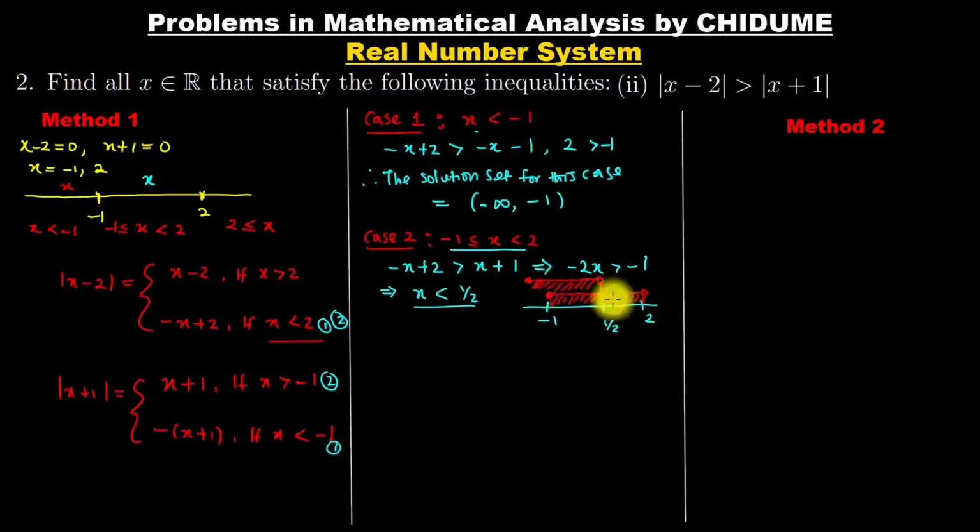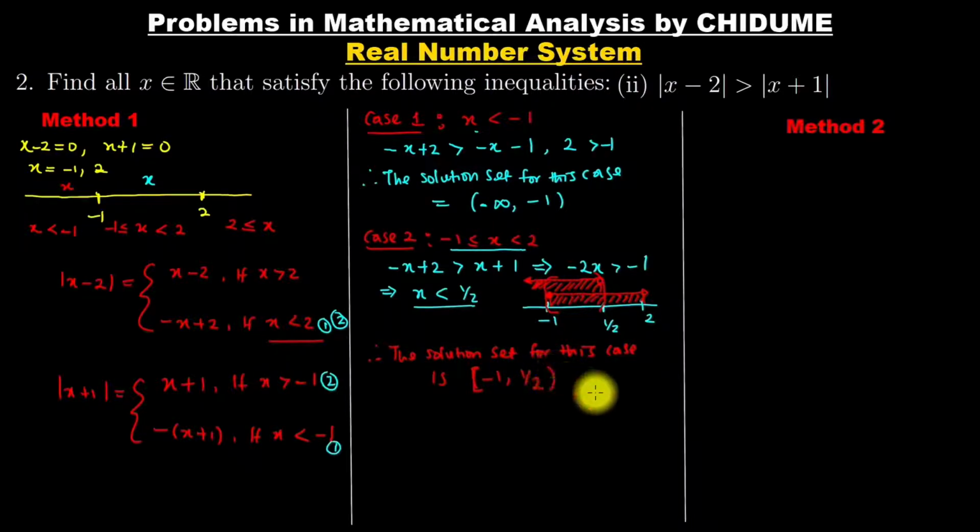If I should ask you what is the intersection of these two graphs, obviously the intersection is closed at this end and open at this end. So can I write that the solution set for this case is, let me just write it in interval form here, -1 closed at -1, comma 1/2, open at 1/2.